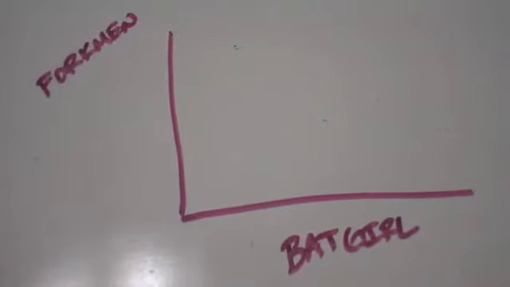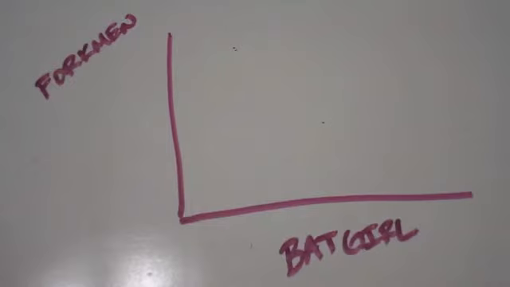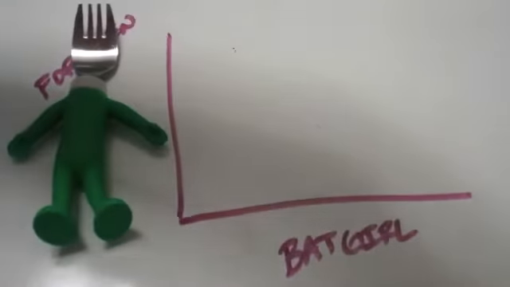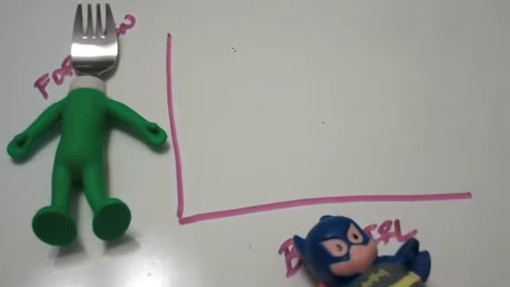All right, and these trade-offs bring us back to the production possibilities curves. So there we go. Let's start looking at graphs. So in looking at production possibilities curves, we have our two items that are being made. In this case, we have our forkmen or our Batgirl action figures.